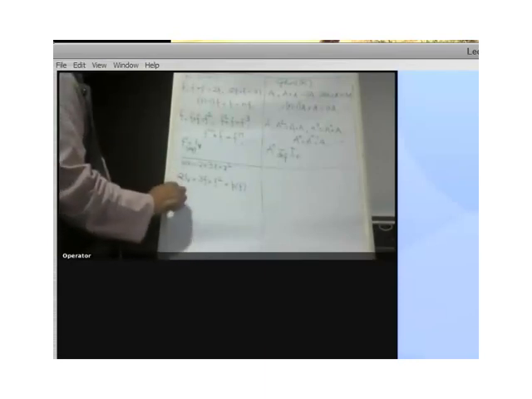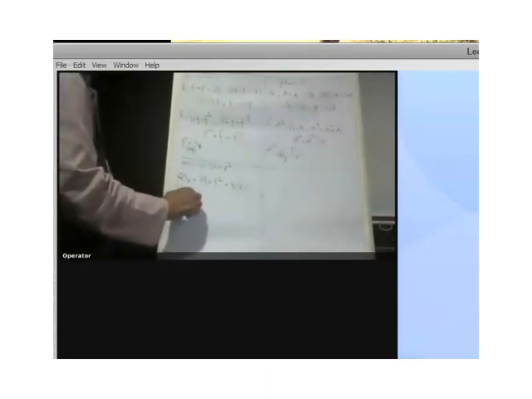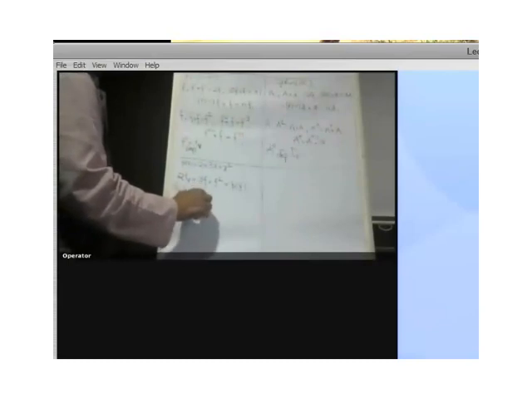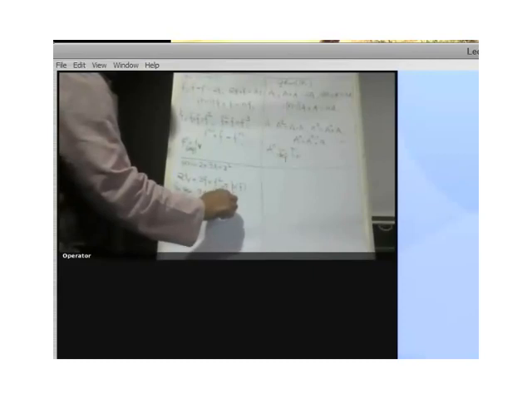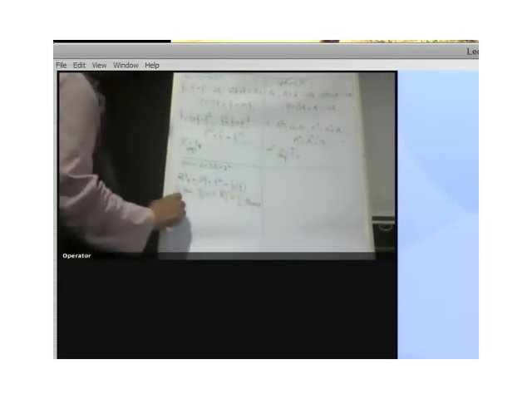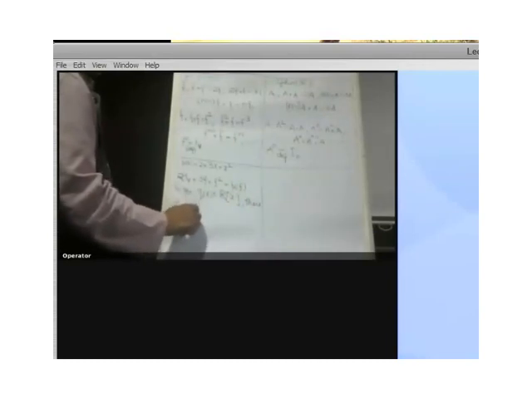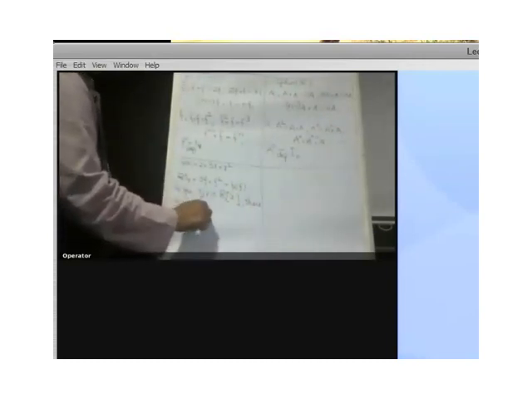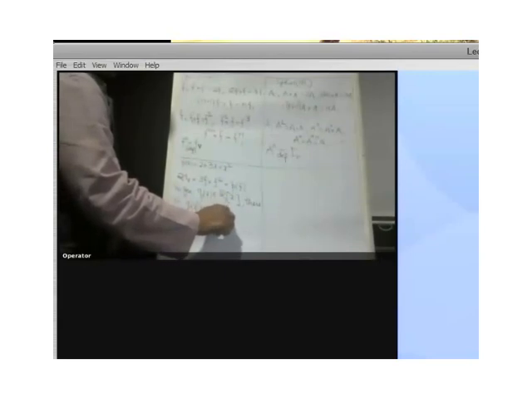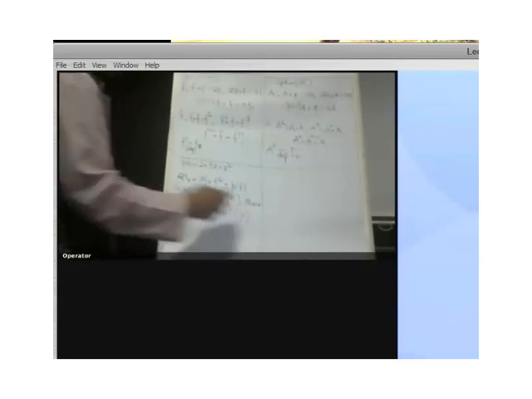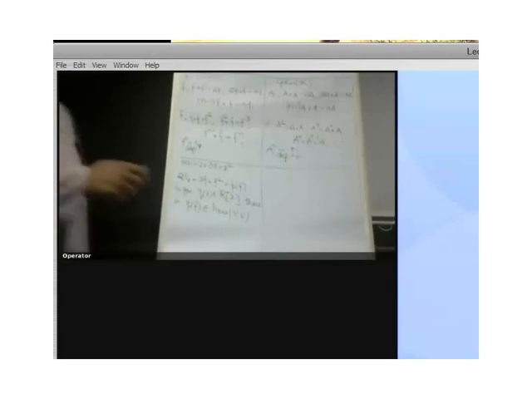So in general, for any polynomial Q of X, there is Q of F, which is again a linear transformation from V to V. And you know how to get hold of it. Similar picture over here.